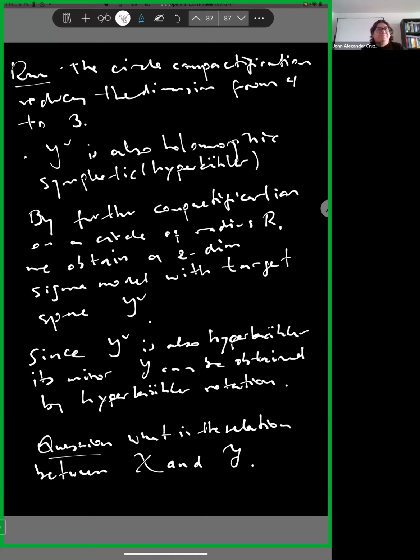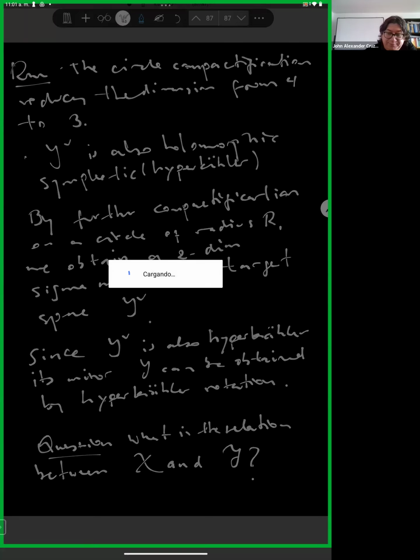Because we start with X, we want to construct the mirror of X, and we said it's convenient to consider this Y check, and we actually construct the mirror of Y check. But what will actually be the relationship between X and Y in terms of mirror symmetry? Okay, so let's see the following.